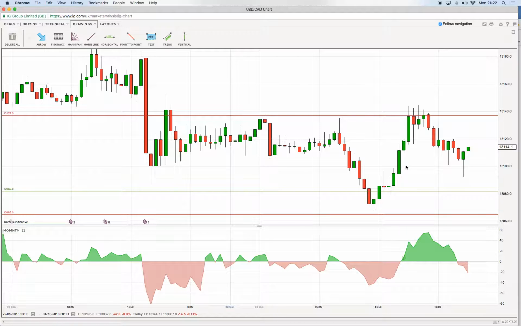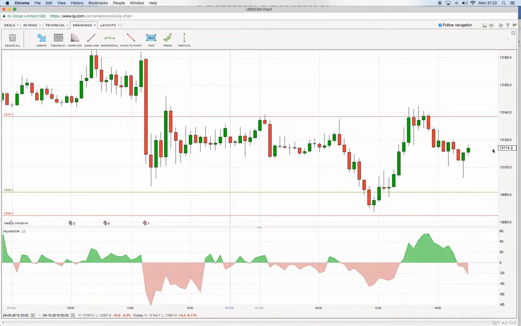So how do we get out of this trade? When do we stay in the position, when do we get out? As you can see here, the market is live and is actually now retracing from the highest highs.